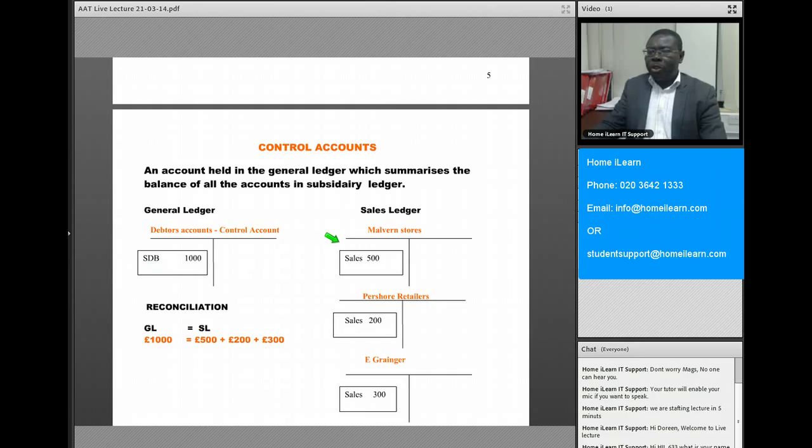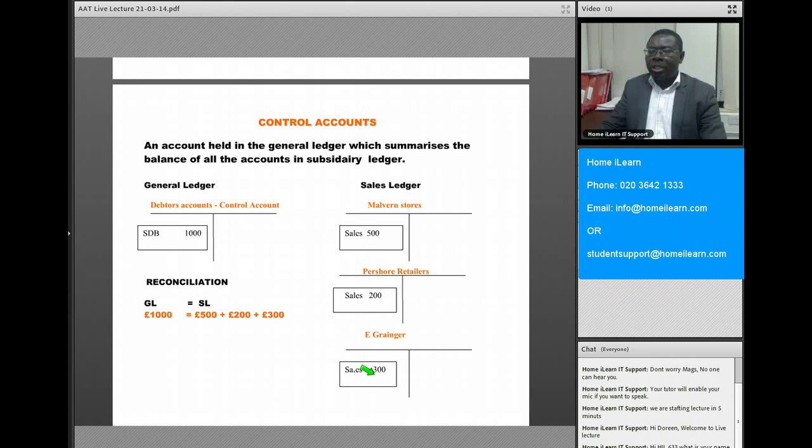One of them is called Marvin Stores. Marvin Stores owes us £500. Pershaw owes us £200. And Granger owes us £300. And when I add 500 plus 200 plus 300, that will give me £1,000. So this £1,000 basically is explained down here.